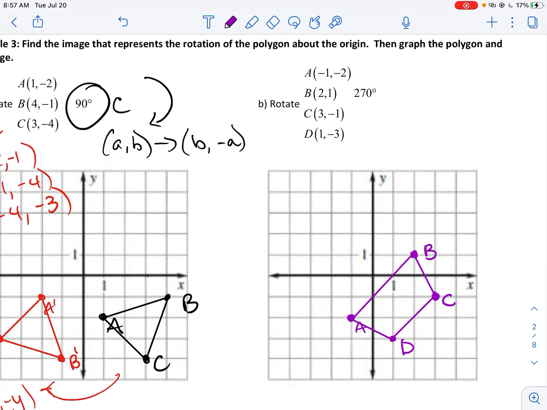Okay, so this one says that I'm doing 270. So I'm going to switch it to where this, oops, I messed it up because I'm supposed to be using A and B. A and B. And this is going to be like this.